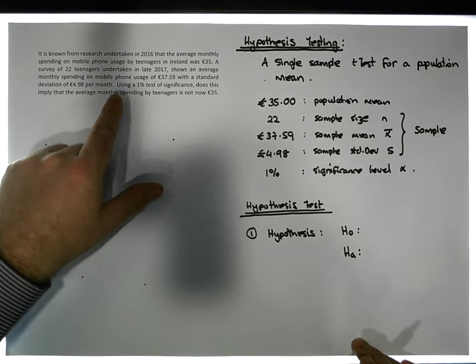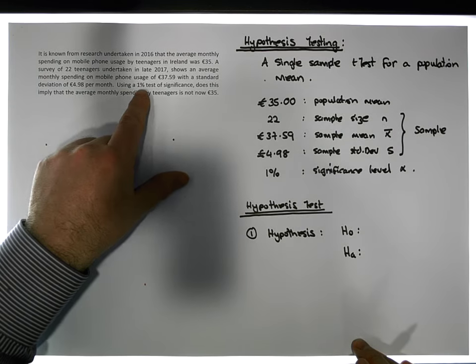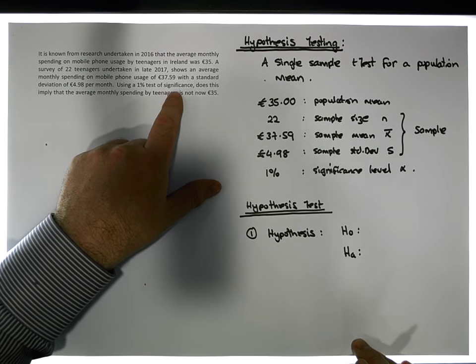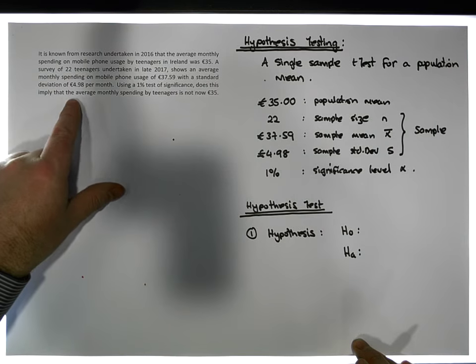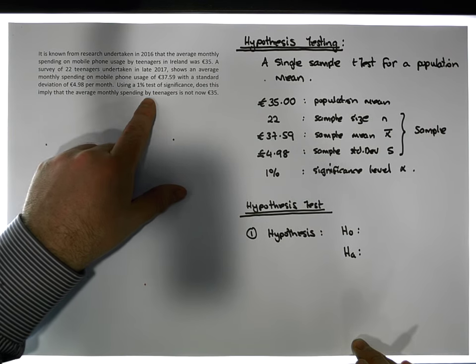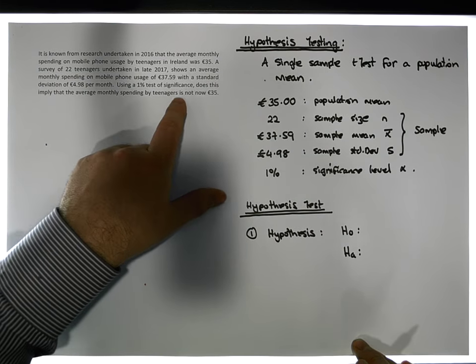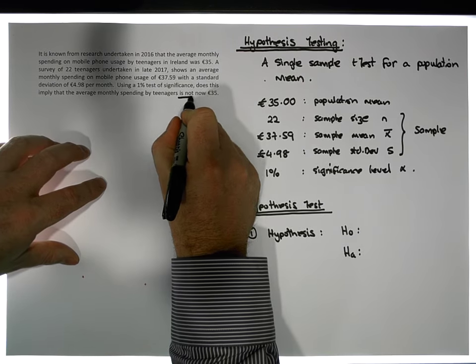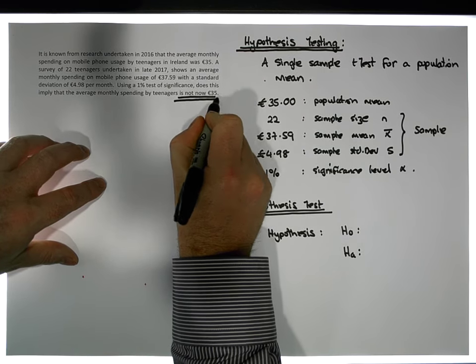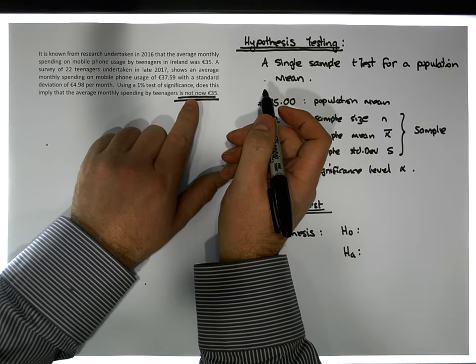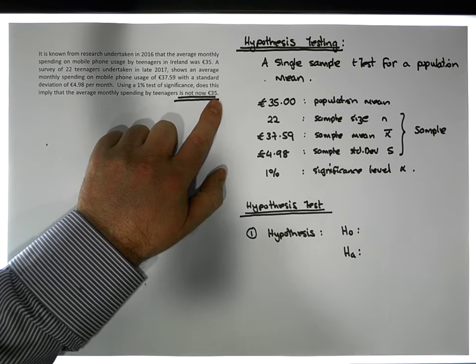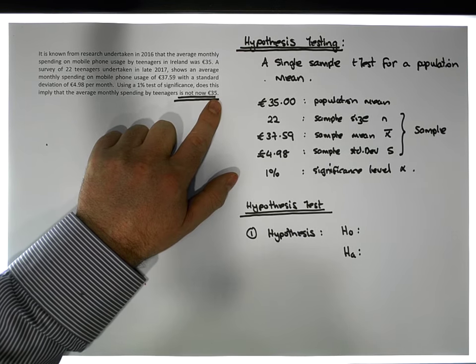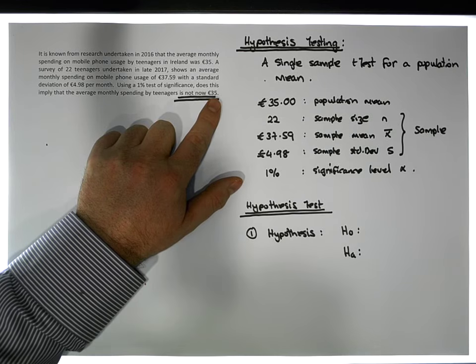Let's see what it says. Using a 1% test of significance, does this imply that the average monthly spending by teenagers is not now €35? What does it mean for it to be not €35? Well, €20 would not be €35, and so would €40.